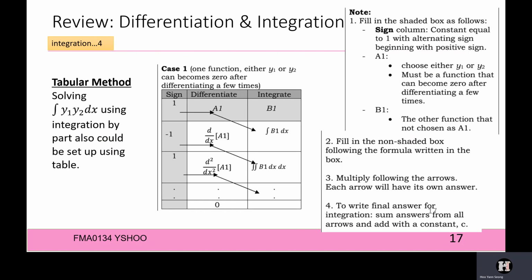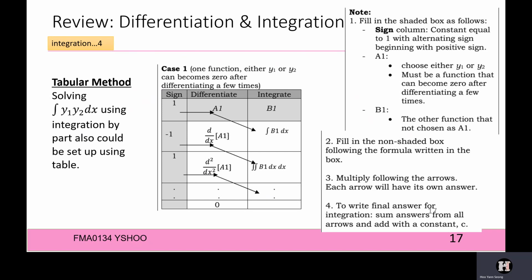And now, in the max 3, we're going to use the tabular method. The tabular method is solving integration using integration by parts. So in the tabular method, you put your integration by parts into a table.